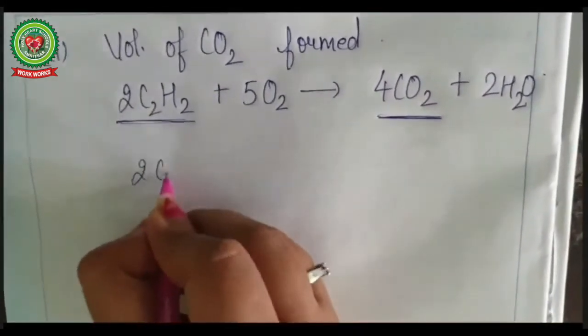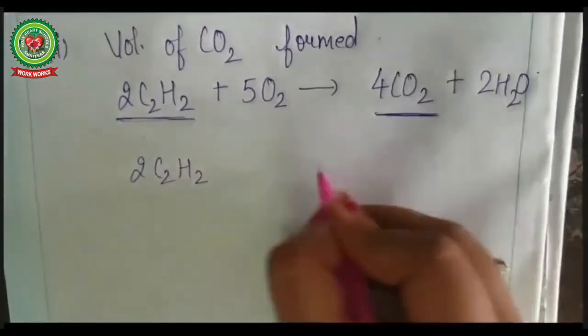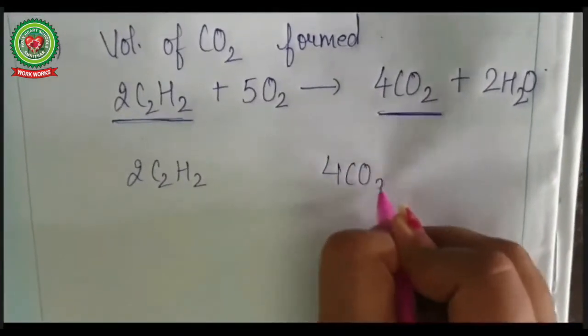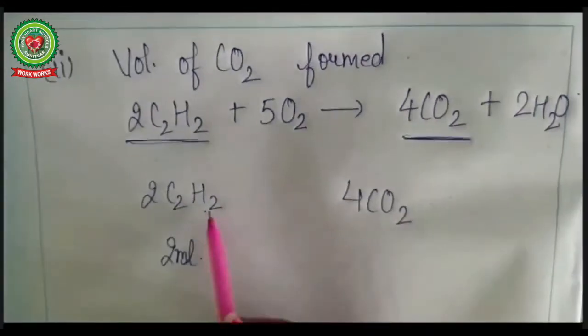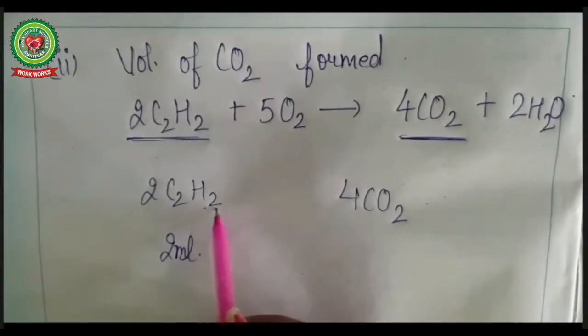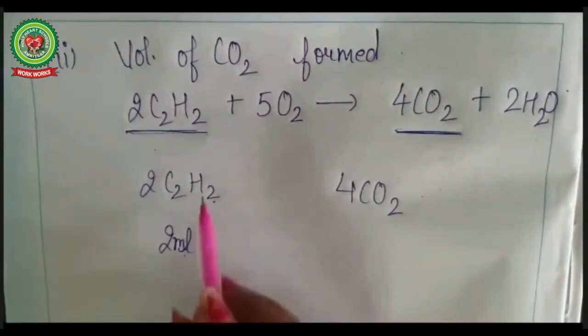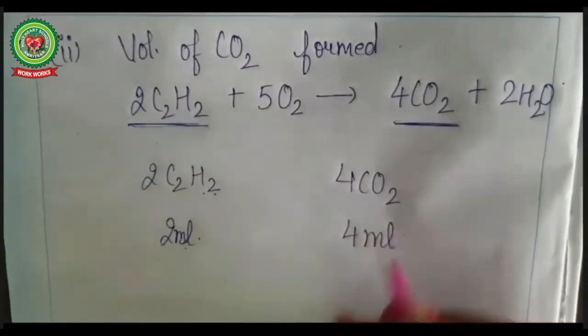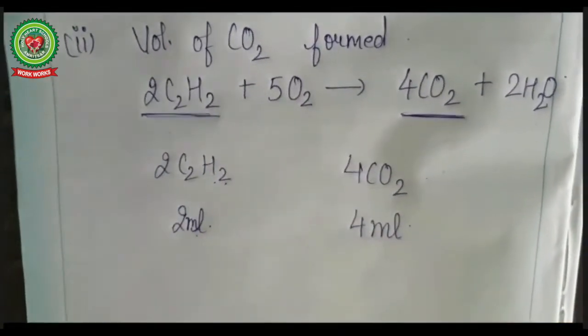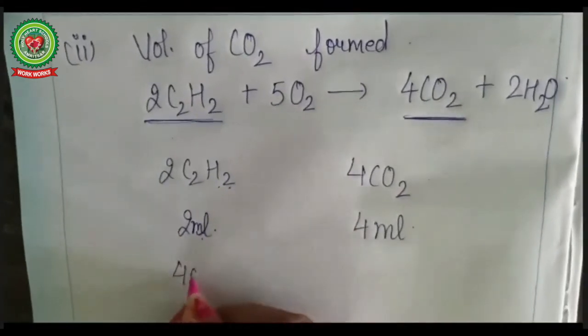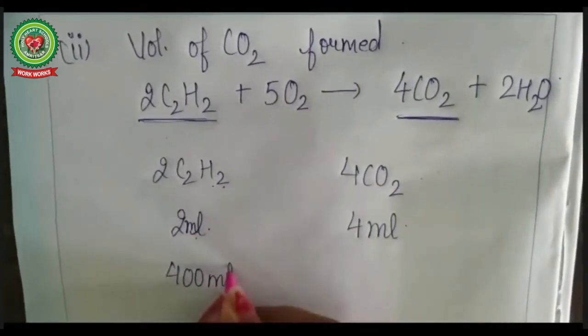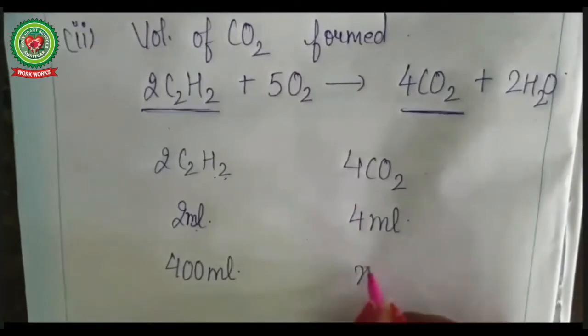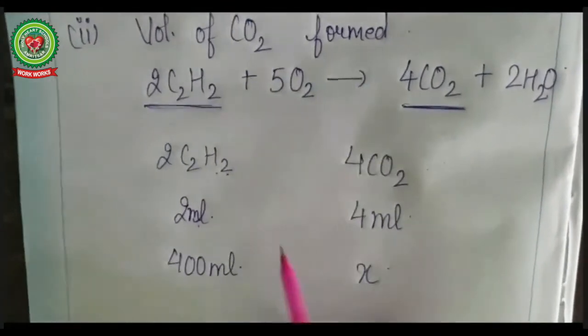So C2H2 will produce CO2. According to equation, 2 ml of ethyne will give 4 ml of carbon dioxide. So in numerical, we are provided with 400 ml of ethyne. So how much carbon dioxide will be produced, that we had to calculate.